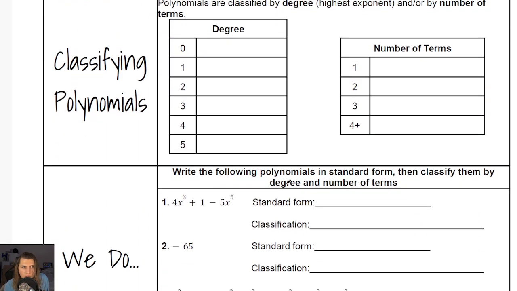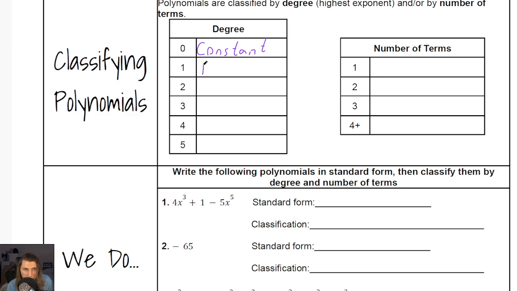So as I scroll down again, next we're getting into our classification. So we classify polynomials both by degree, which again is the highest exponent, or by the number of terms. So for our degree, for 0, we have a constant polynomial, because this would just be like a constant number.